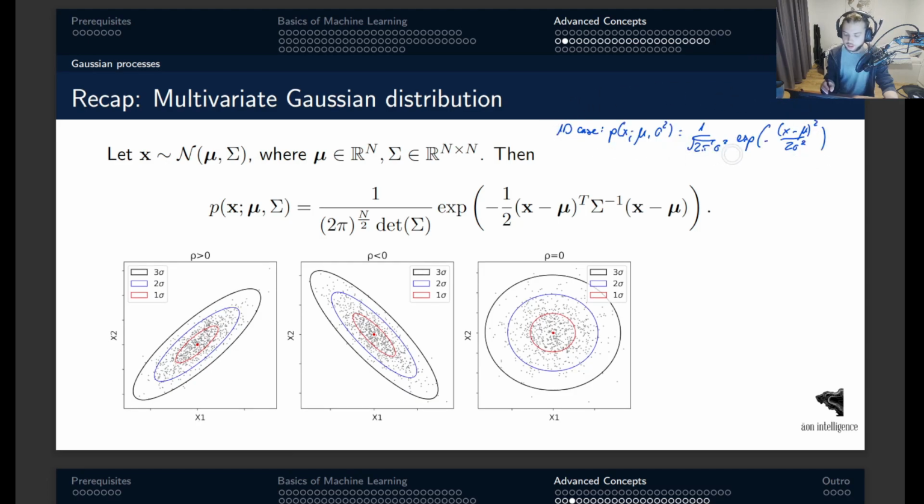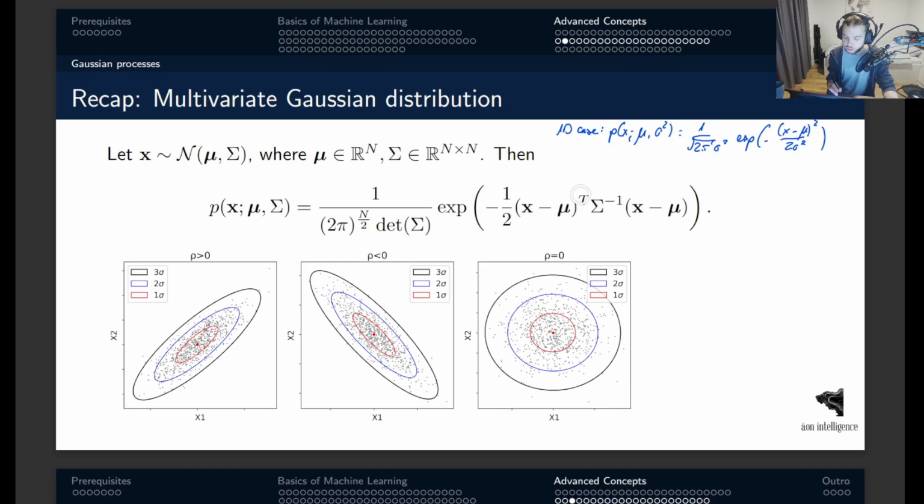And recall that the 1D case looks like this, so the normal distribution for a univariate random variable x looks like this. So we have this normalization constant times the exponential of this expression. So it's the negative of x minus mu squared divided by 2 times the variance sigma squared. And this is perfectly analogous to what we have here. So we have this -1/2 at the front. So here we have minus divided by 2, which is equivalent. And here we have x minus mu transpose times something times x minus mu.